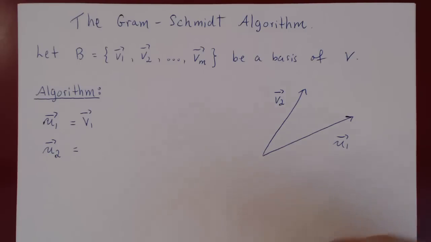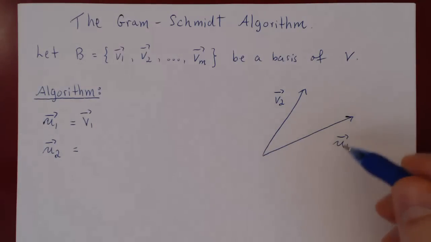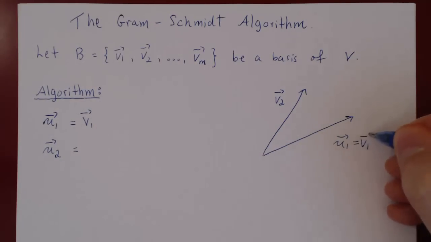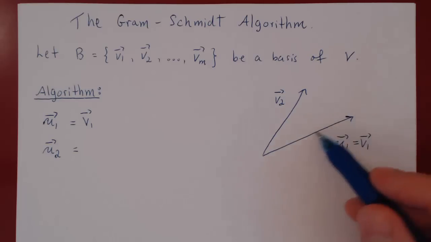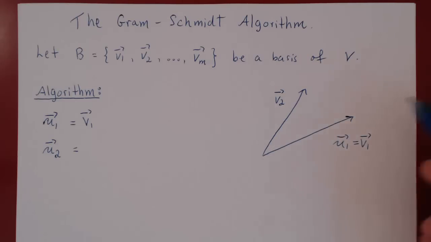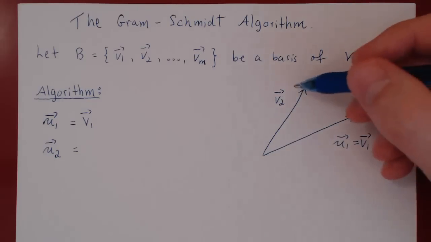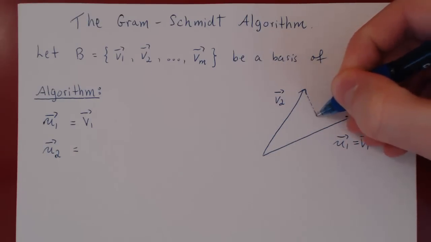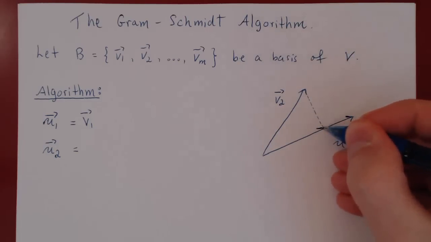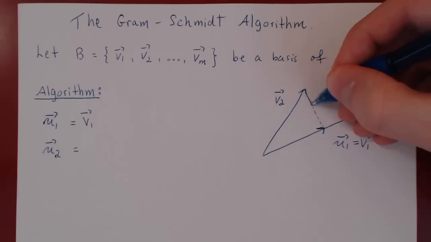Now imagine what we have right now. We're trying to look at what vectors v1 and v2 generate. Vector v1 is vector u1. And if you think of it, with vector v1, we already are generating this direction. But there is a component of v2 that is lying parallel to v1, right? Decompose vector v2 as a sum of two vectors: a vector that is parallel to v1 plus the orthogonal component.